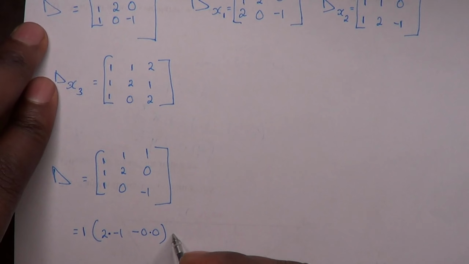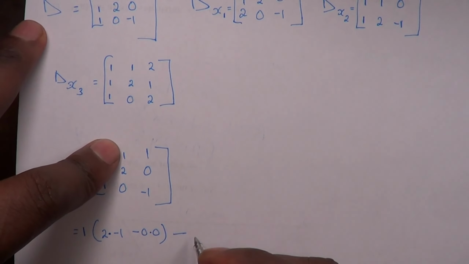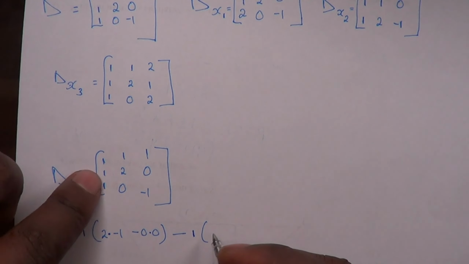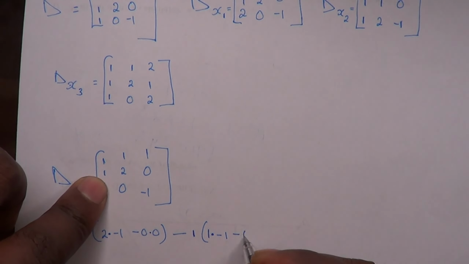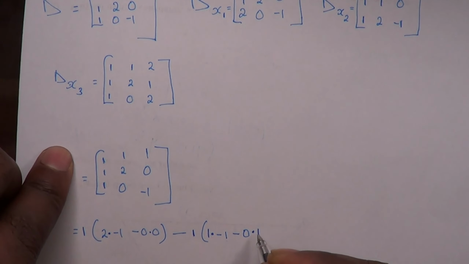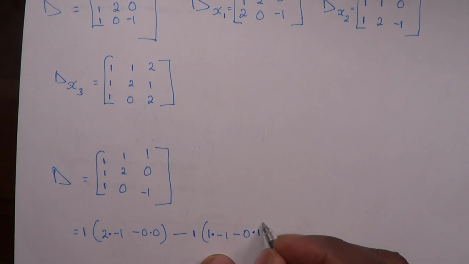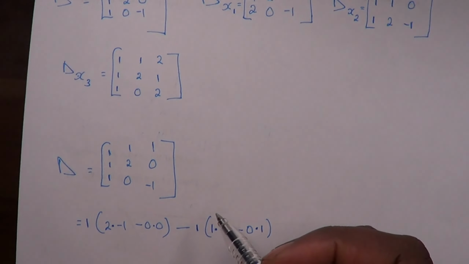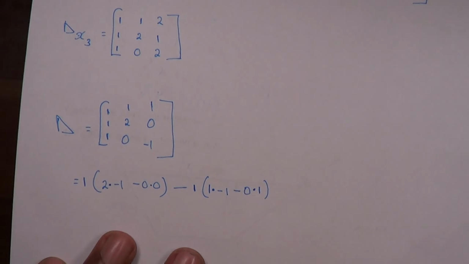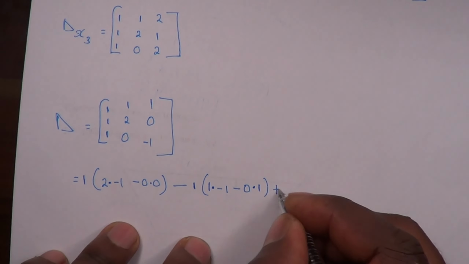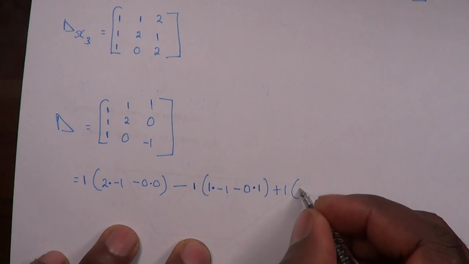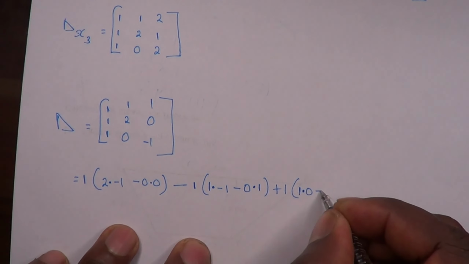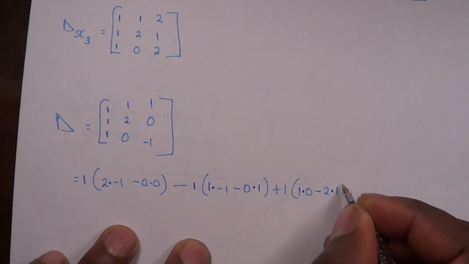Then minus 1 into 1 times negative 1 minus 0 times 1. Then the next one is plus 1 into 1 times 0 minus 2 times 1.